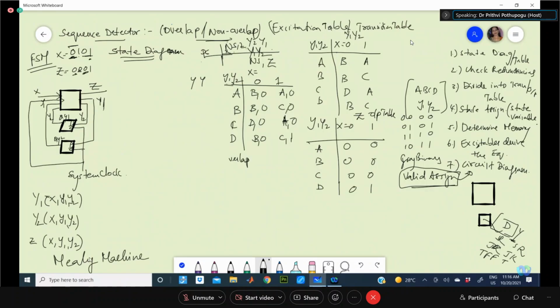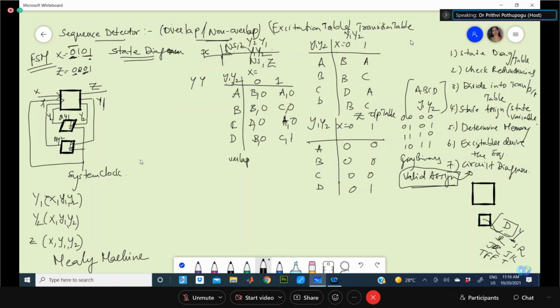That is Mealy. A Moore machine is one where the output depends purely on the present state. The state defines the output of the system. That sort of machine we call a Moore machine.